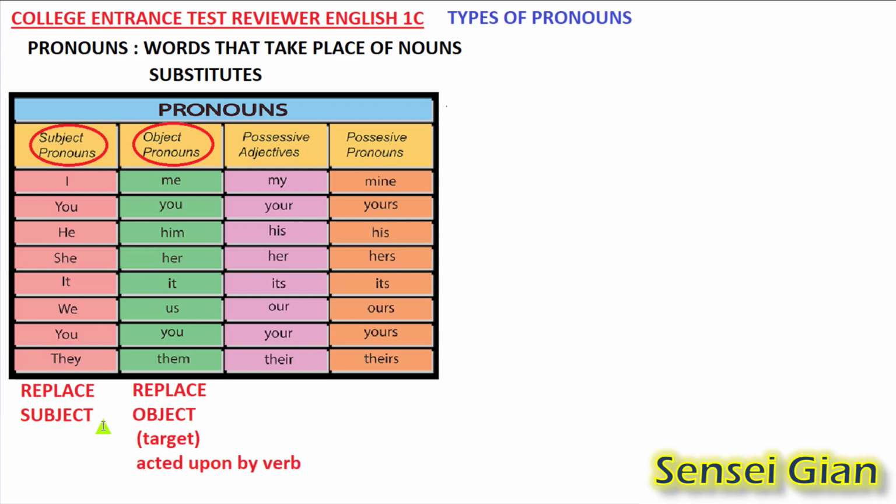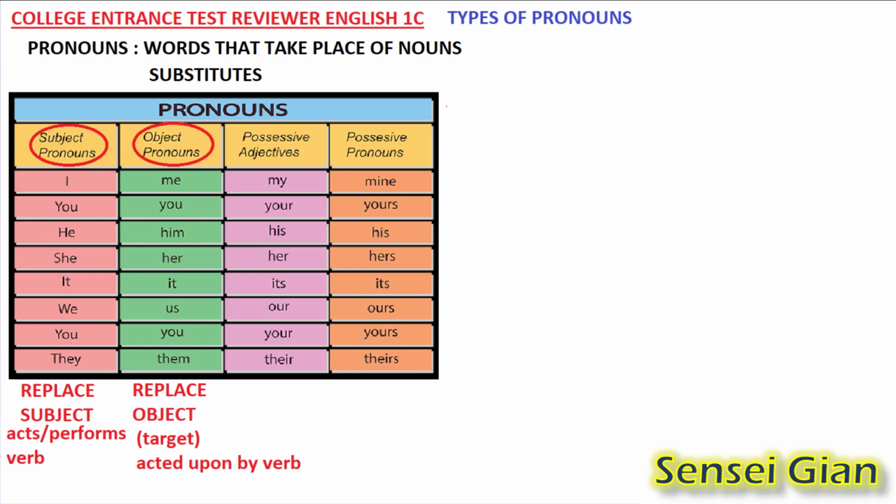The object is the counterpart of the subject. It's being acted upon by the verb. If the subject acts or performs the verb, the object is the target of that action.